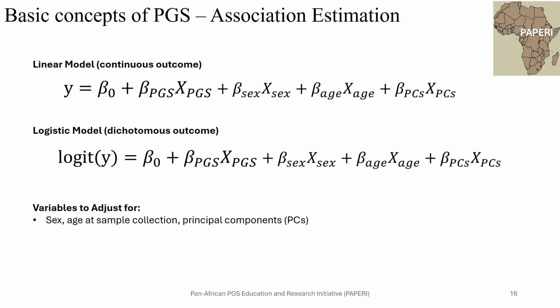And in these models, we frequently will adjust for the same variables which were used in the genome-wide association study itself, even if we didn't conduct that genome-wide association study with our data. So here we're going to adjust for variables like sex, age at sample collection, and principal components as a means to adjust for population stratification and relatedness within the sample.